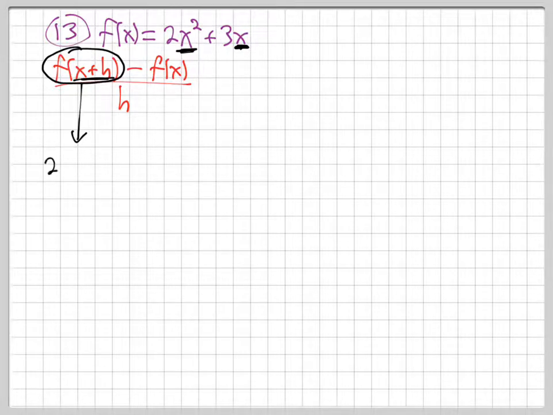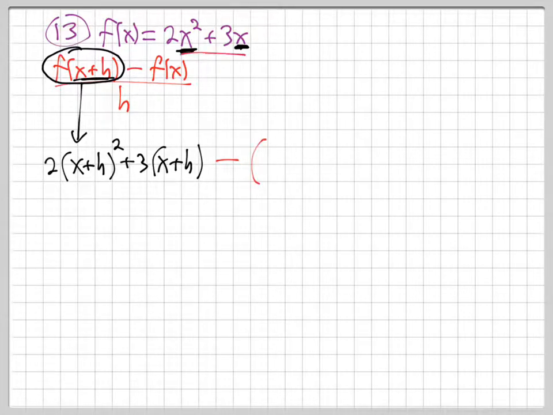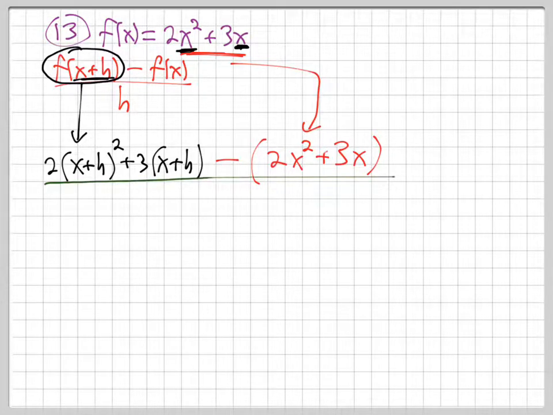So I'm going to go 2 times x plus h squared plus 3 times x plus h minus, and then parentheses, all of f of x, all over h.